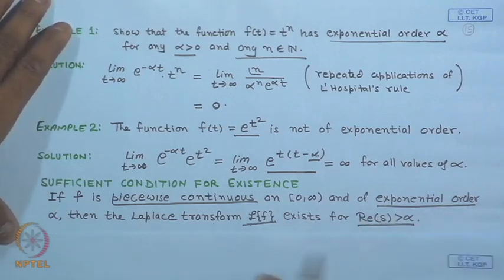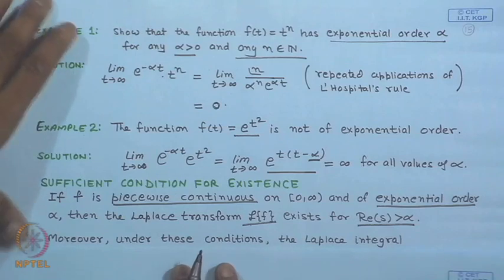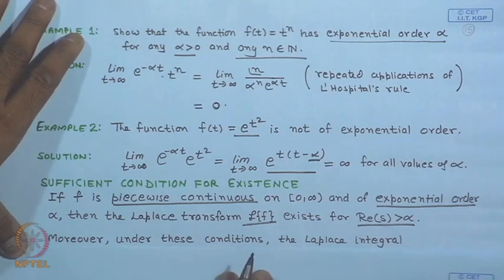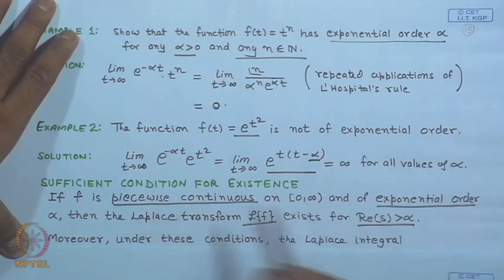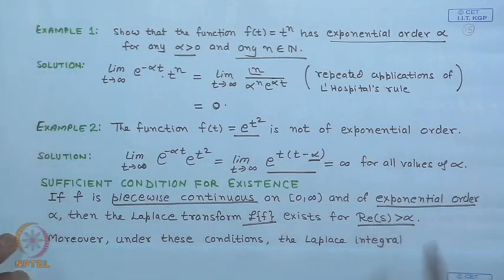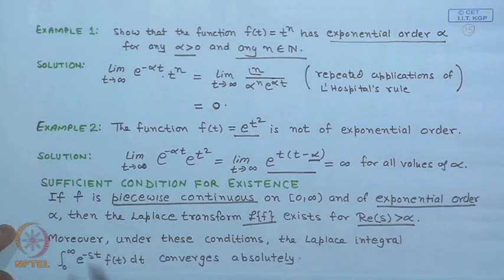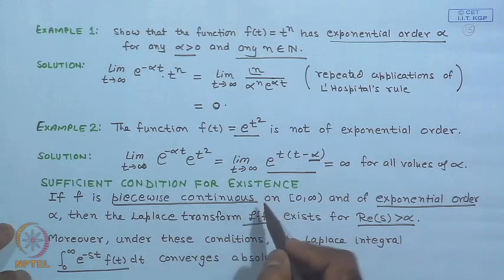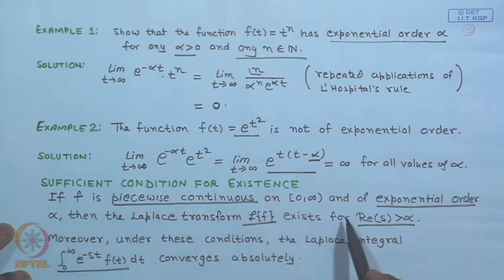And in fact, we have a stronger result. That means that under these conditions, that the function is piecewise continuous and of exponential order, the Laplace integral, the integral from 0 to infinity of e^(-st) f(t) dt, converges absolutely. So, we have a rather general result under these two conditions, that the function is piecewise continuous and of exponential order, then this converges absolutely.